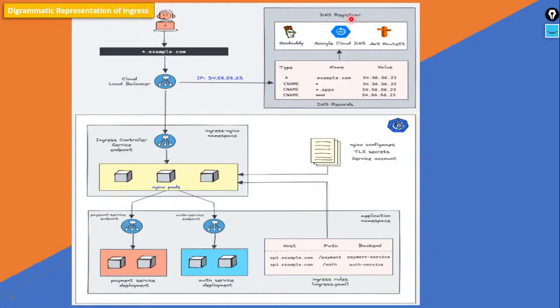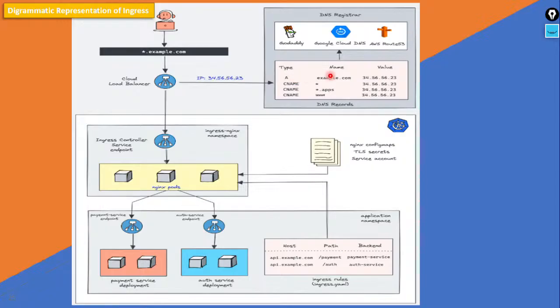So there are organizations who will give you a unique domain name. It can be GoDaddy, it can be Google Cloud DNS, or if you are going for AWS, then there is a famous service from AWS called Route 53, which will assign you a DNS name.